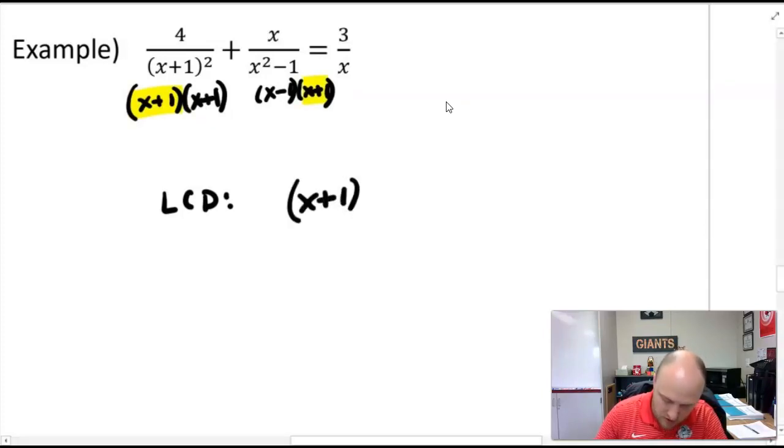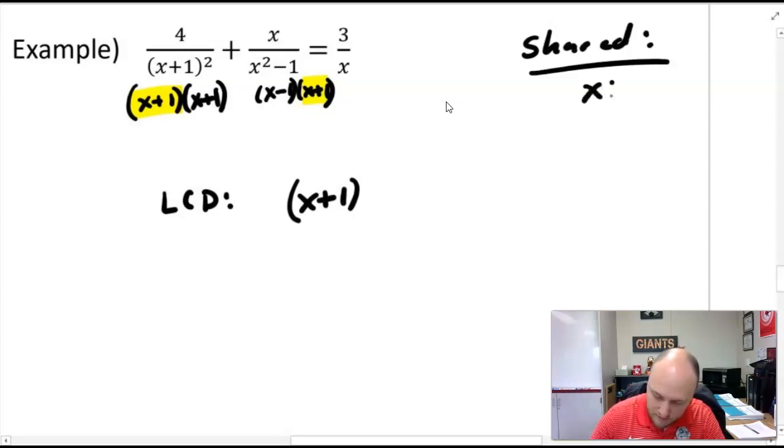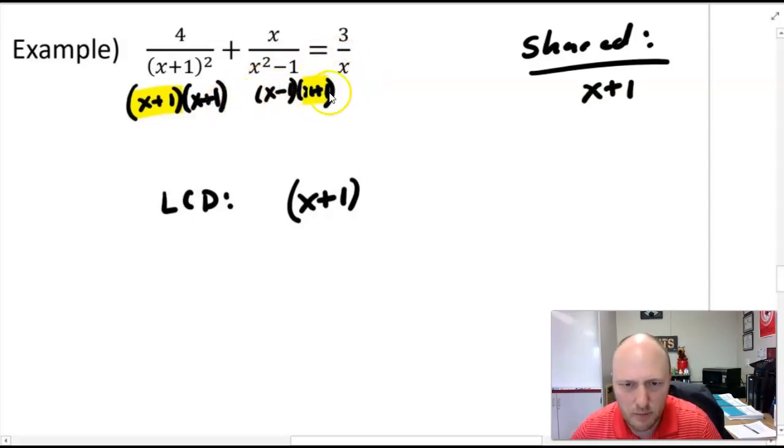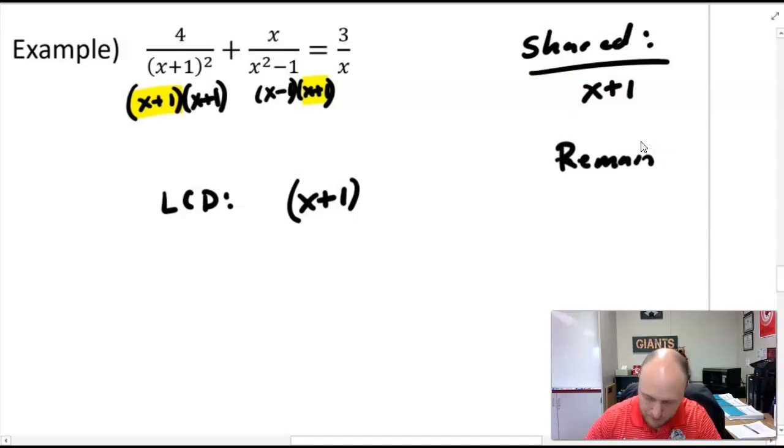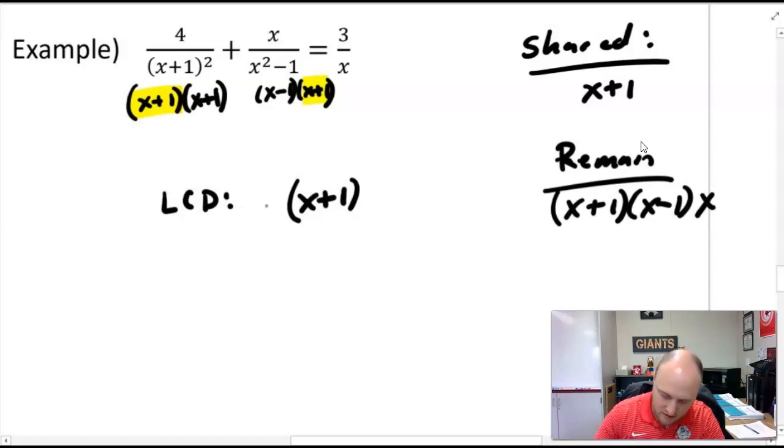If this helps you, do this. Anything else shared? No. These don't match. So x plus 1 is shared, and what's remaining is another x plus 1, an x minus 1, and an x.